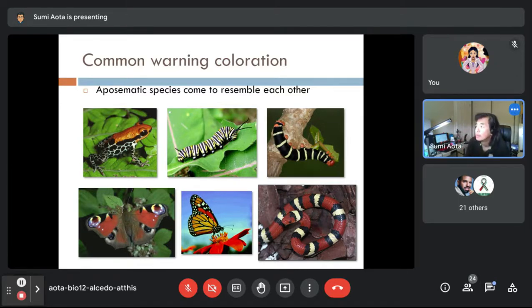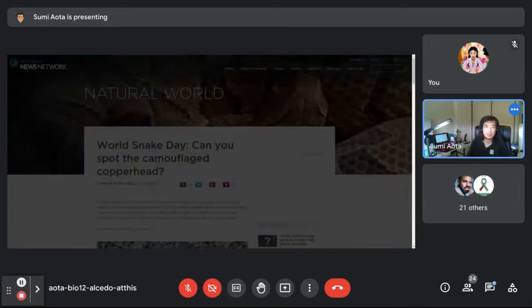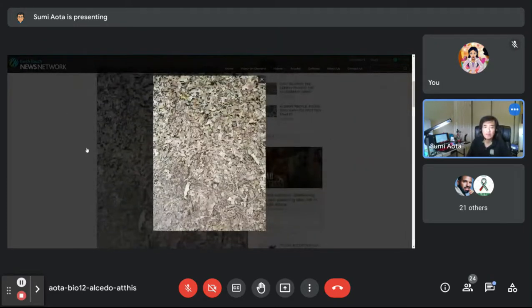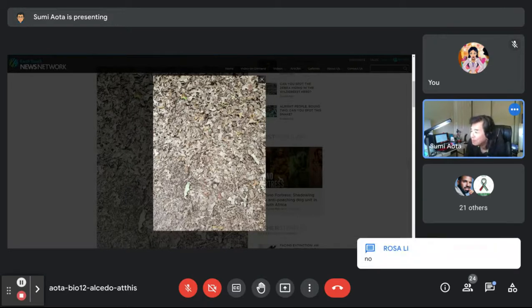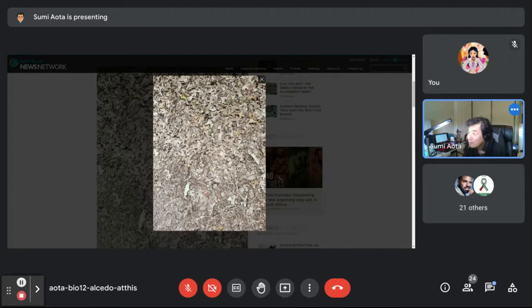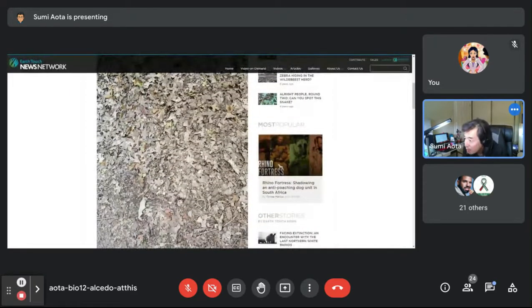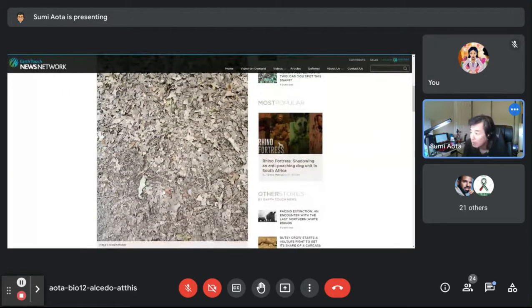Okay. In this image, oh, why did it go dark? Kind of sucks. Oh, there it is. Can you find the snake? It's a copper snake. You step on it, it's pretty venomous. See if you can find it in a bigger picture.